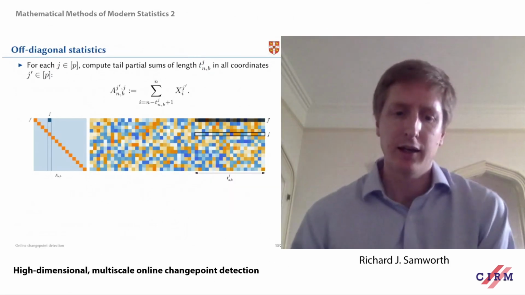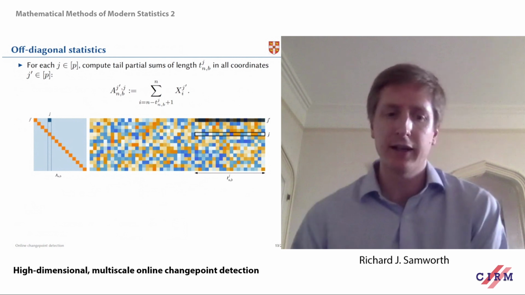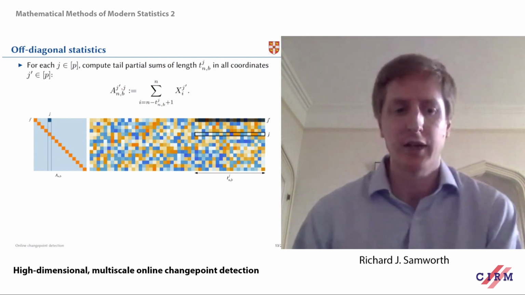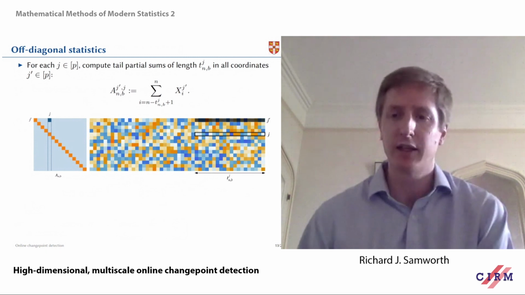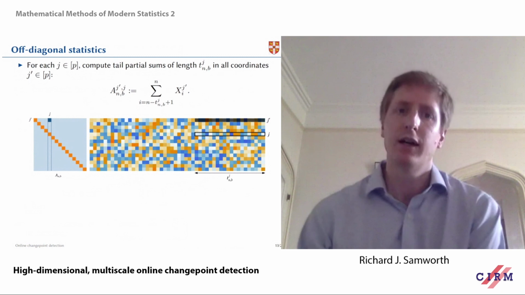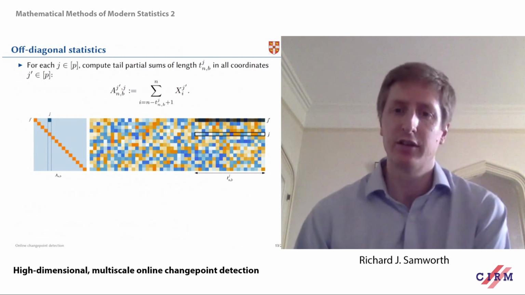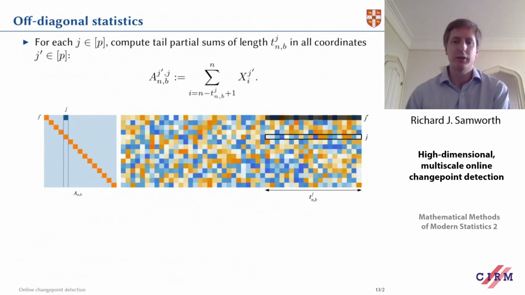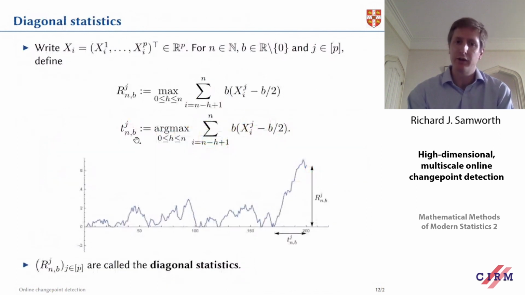So what we'd somehow like to do there is to aggregate over the data in several coordinates, but we'd like to do so after the change has occurred. Of course, the trouble is that we don't know when the change has occurred, and different coordinates are giving us different evidence for when that change occurred, and the evidence is coming in the form of this residual tail length in that coordinate.